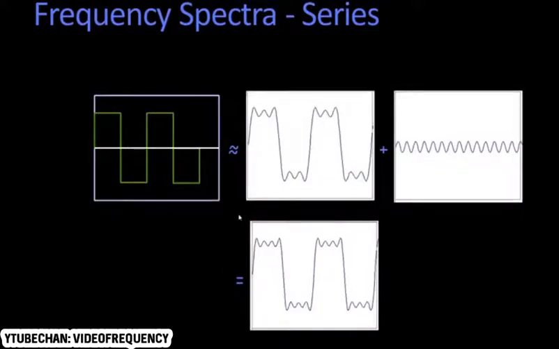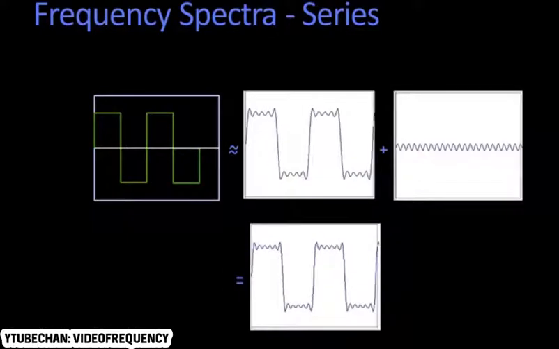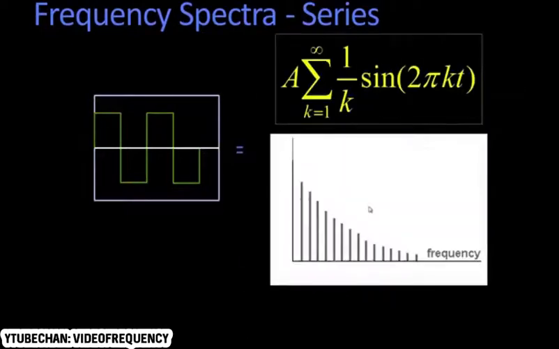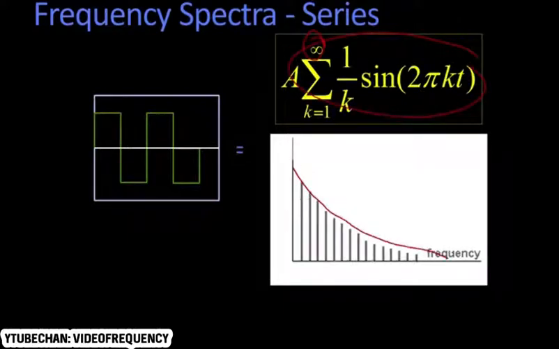And then I get to 7 times f, and what comes after 7? 9. And you can see that we're getting closer and closer to a perfect square wave. In fact, you can show that a square wave can be written as this infinite sum of these frequencies. And the amount of power you need goes down as the frequency increases.